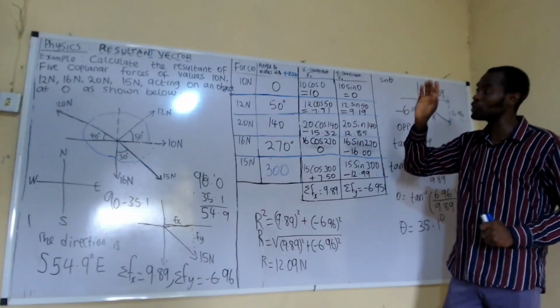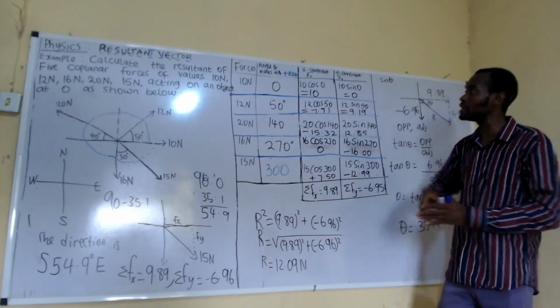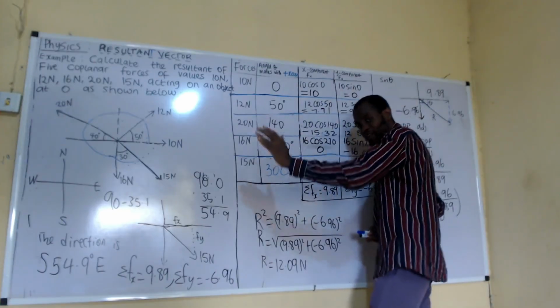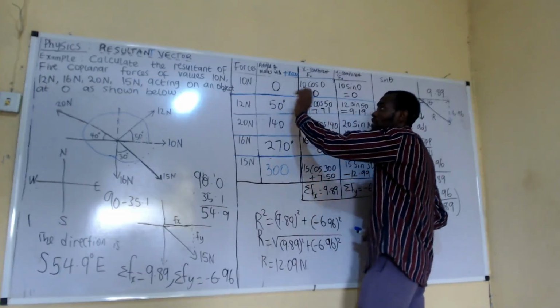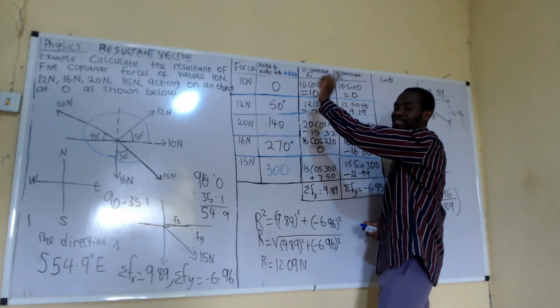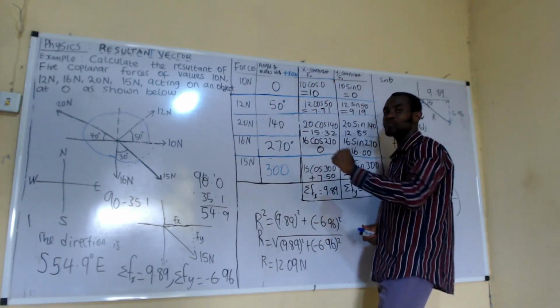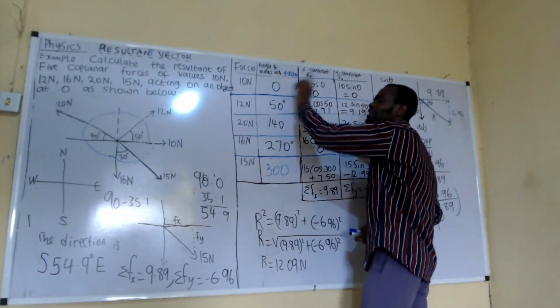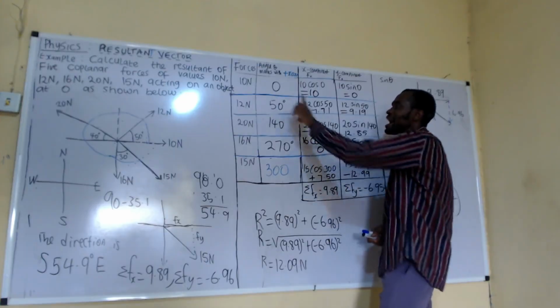We have done the first method and this second method. The only thing that is different in this second method is how we choose our angle. Unlike the first one, where theta is the angle that it makes from any of the x-axes, this is the angle theta makes with the positive x-axis.